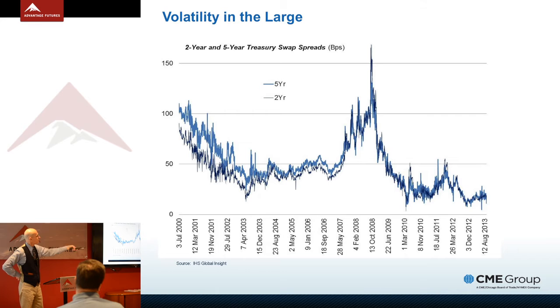And over at the far right-hand side is where we are now. TEDs are very narrow relative to the last decade and a half of history at least. About 18 basis points, give or take, for both a 2-year or a 5-year swap spread.